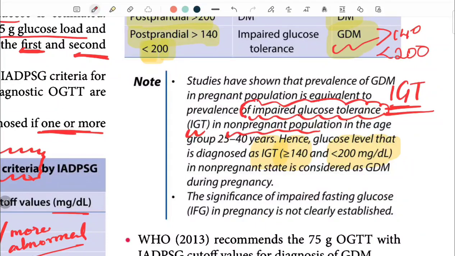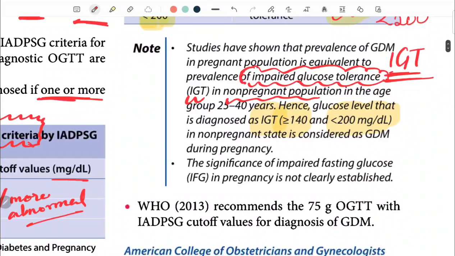What is IGT? Impaired glucose tolerance is when the glucose level is more than or equal to 140 mg per dl but less than or equal to 200 mg per dl in a non-pregnant population, known as IGT.